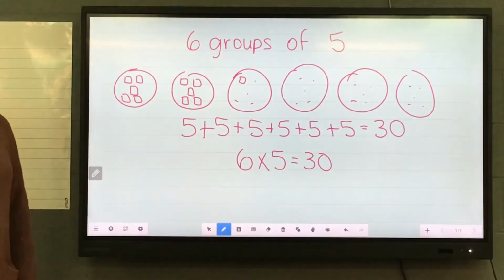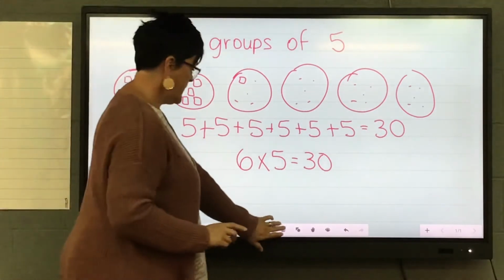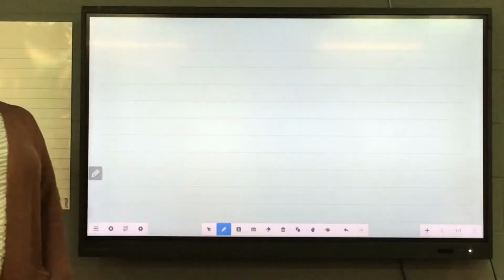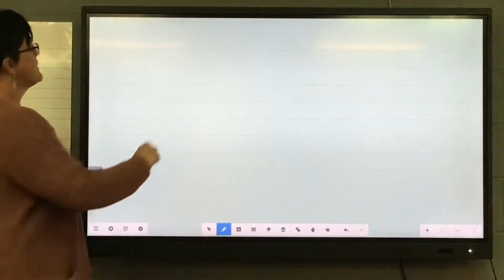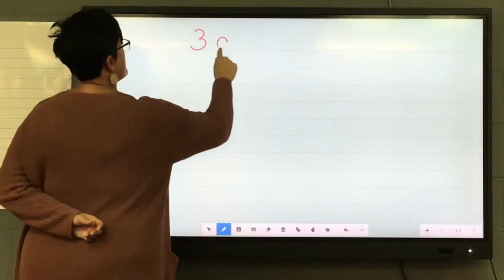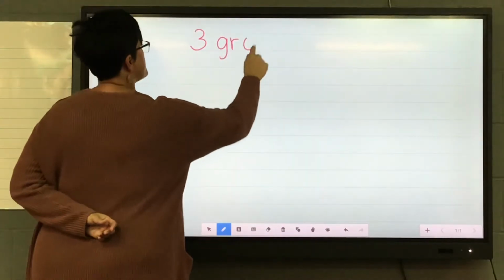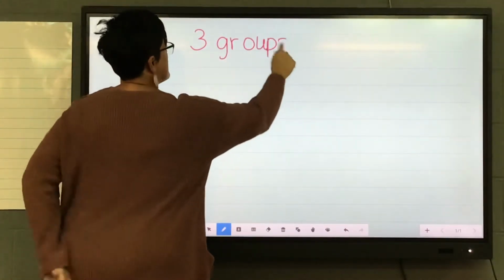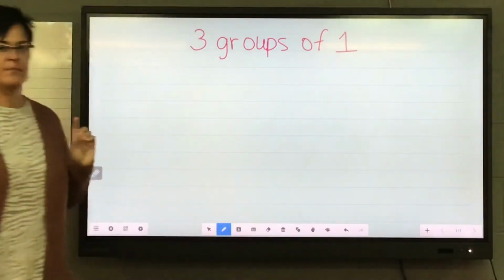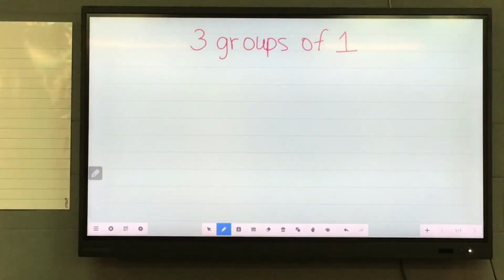Shall we try another one? Yes. Okay, erase your desk. I'm gonna erase the board. Three groups of 1. 3 groups of 1.